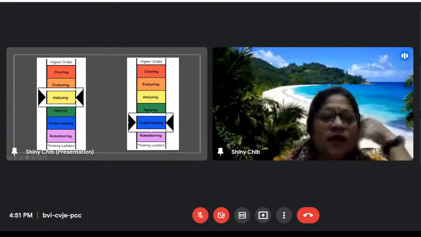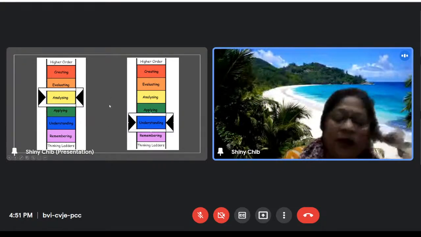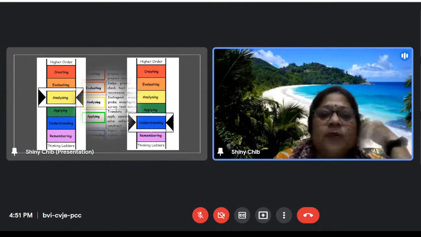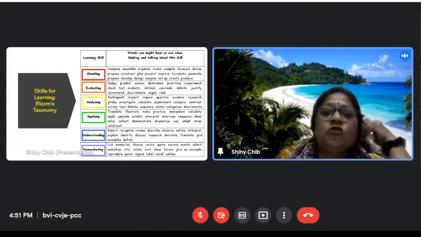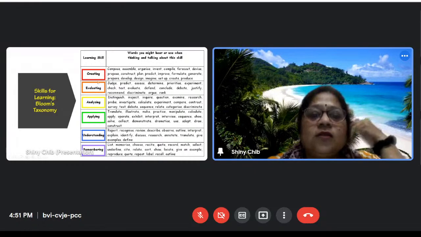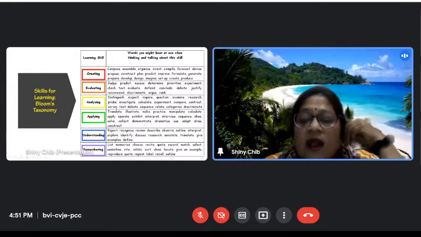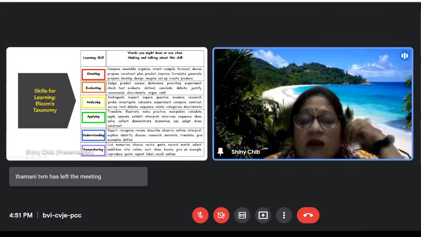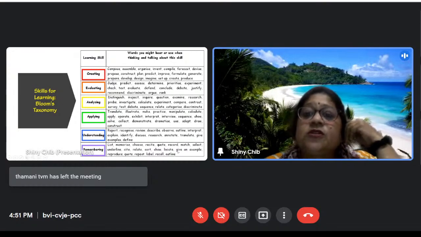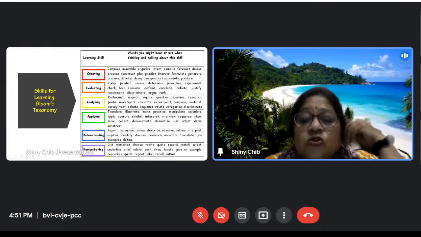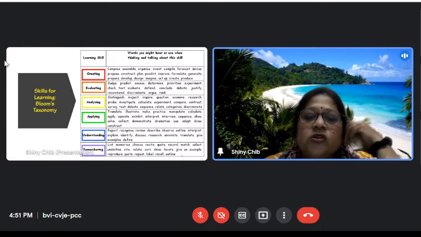So these are the thinking ladder which I have already explained to you. I'm not going to repeat it. If you could see, these are the 6 levels, and these 6 levels have these action verbs. You can make use of this while formulating your questions.